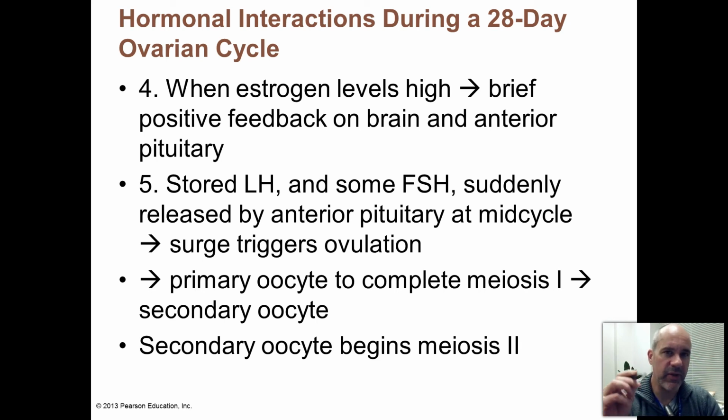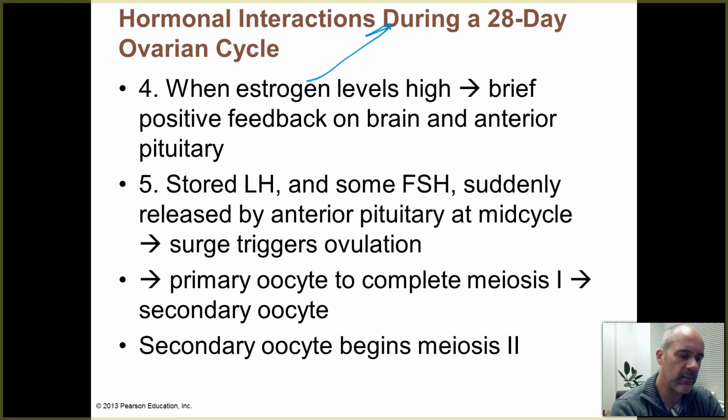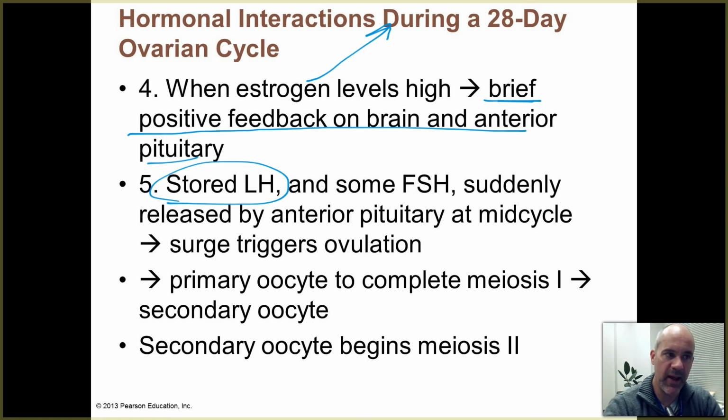Your estrogen levels, if you think about it, you've got this FSH and LH stimulating more and more estrogen production, so your estrogen levels keep going up, and eventually they get to the point where instead of inhibiting LH and FSH release, briefly there is a positive feedback that occurs, and stored LH, luteinizing hormone, and some FSH is suddenly released in a burst. So you have a burst of secretion.